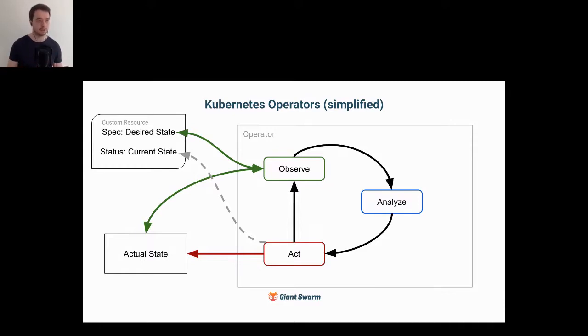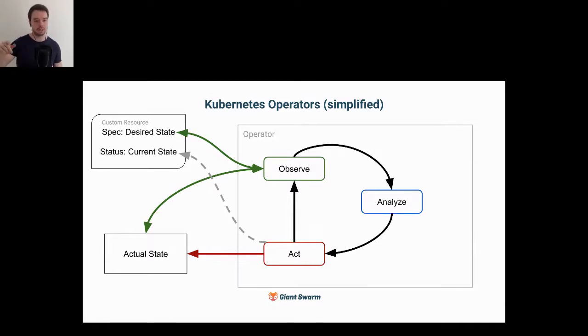Doesn't mean that this always has to be 100% accurate, because it's just code, right? But it basically writes down information about what the current state is, first of all for the user to see what the operator believes to be the current state. And as you see, this is like a circle, right? We always go from observe, analyze, act, back to observe. This is because an operator will go through the cycle regularly.